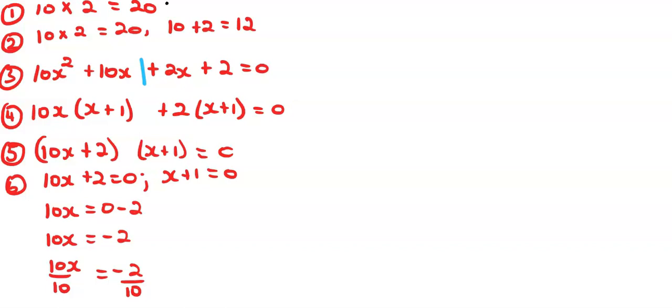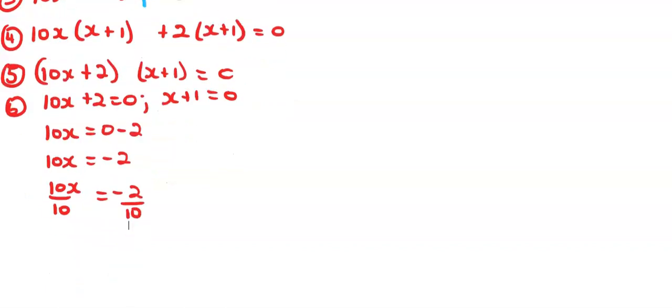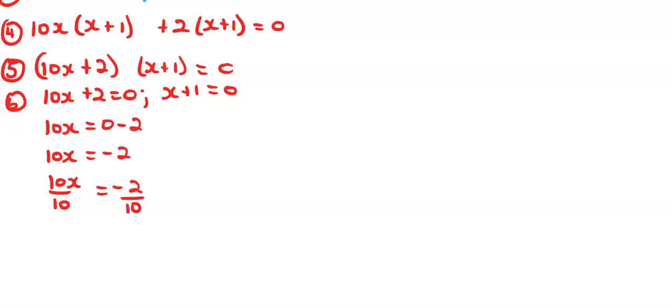And guess what? The 10 cancels off, leaving us with x equal to negative 2 over 10. 2 into itself goes once, and 2 into 10 goes 5 times. So our answer is negative 1 over 5.